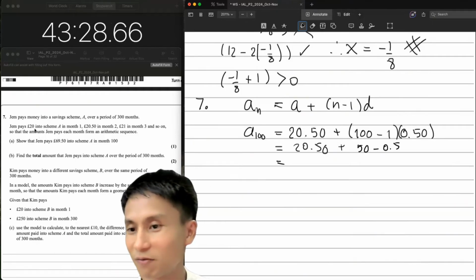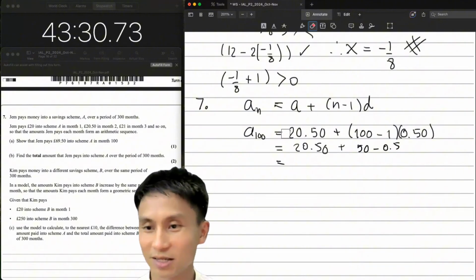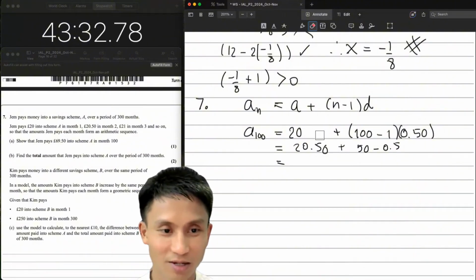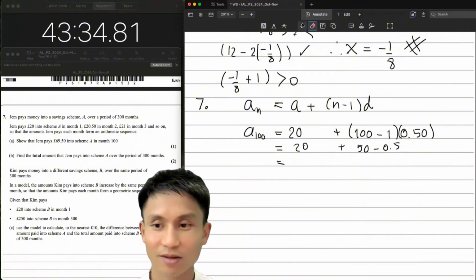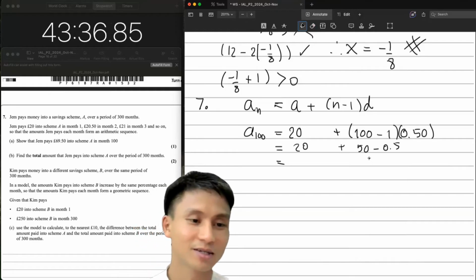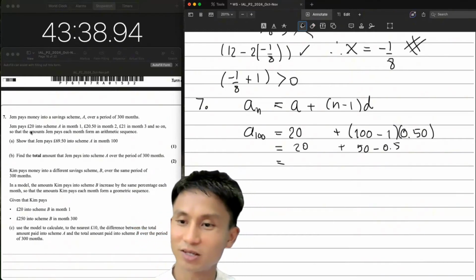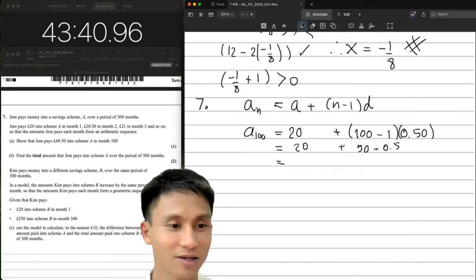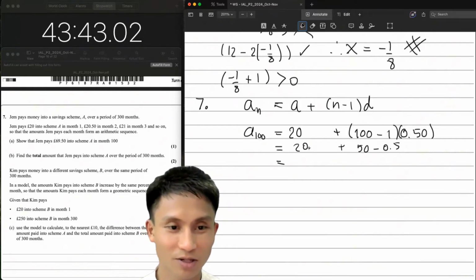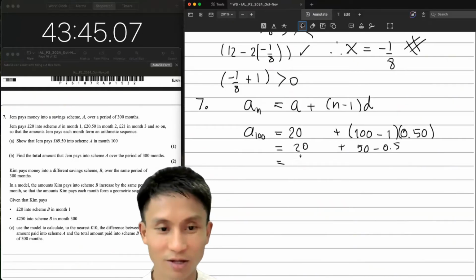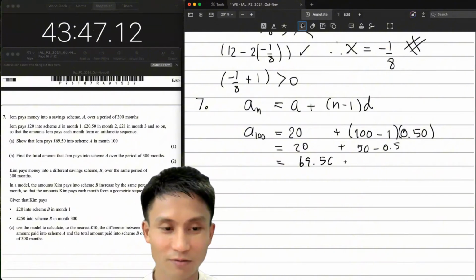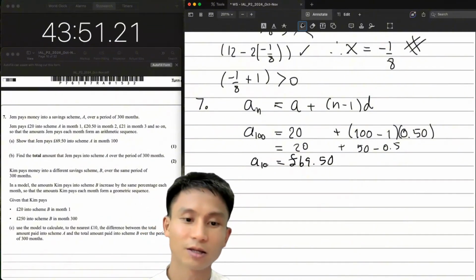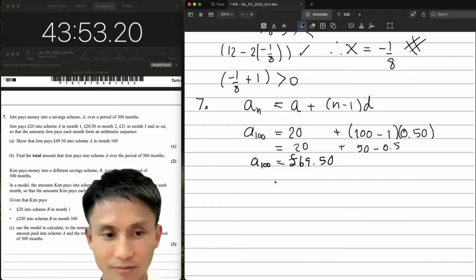Oh, sorry. The first is actually 20. My reading, that's bad. Yeah, it sometimes can be tricky to read everything in one line. All right, so this works now because 70 minus 0.5, I get 69.50 pounds.